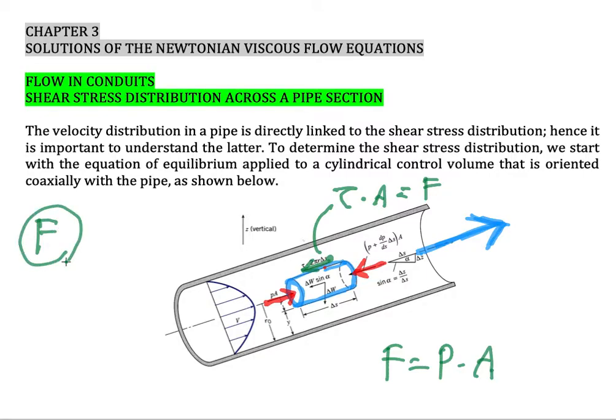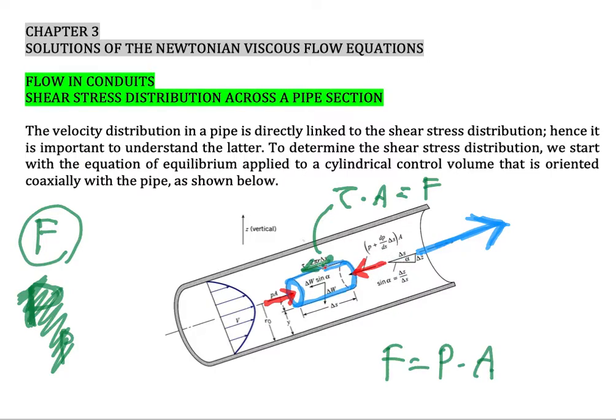In textbooks, sometimes they use capital P for force and small p for pressure. I don't want to use P because it's easy to misunderstand whether it is pressure or force. I think you are familiar with this one.